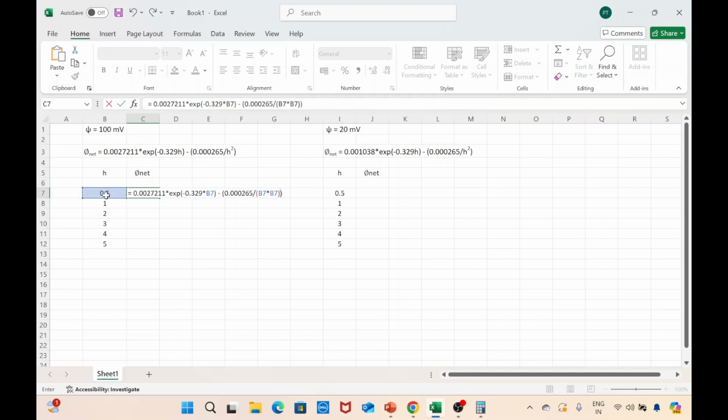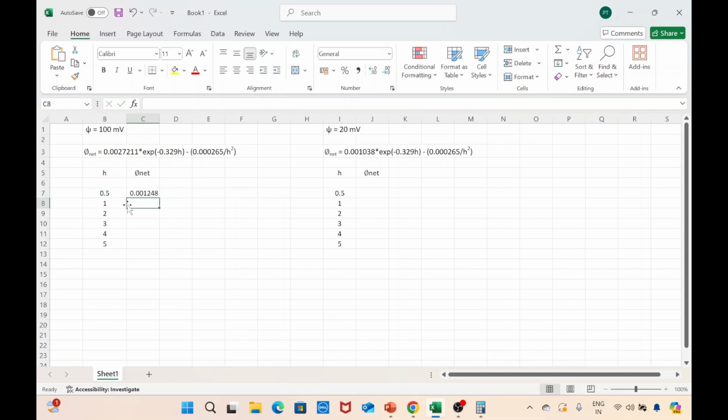So this is your psi net value, or the net interaction energy at h equals 0.5. If you do this for other values of h also, you will get their respective values.